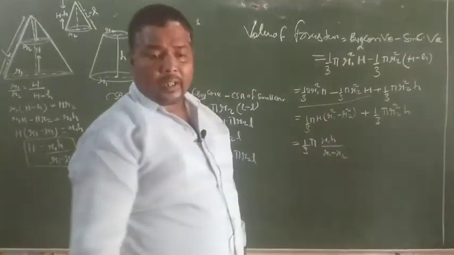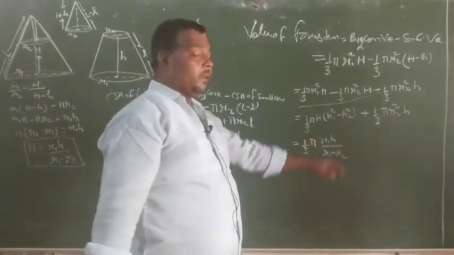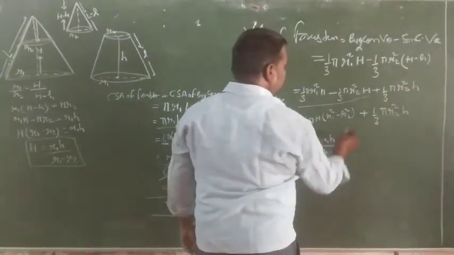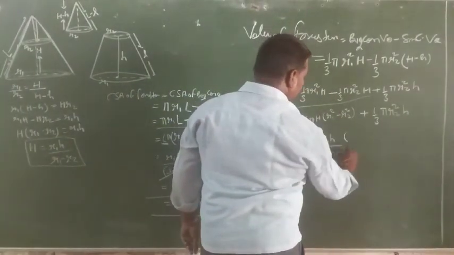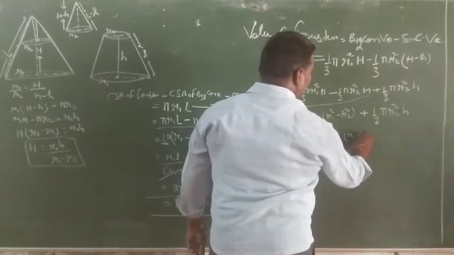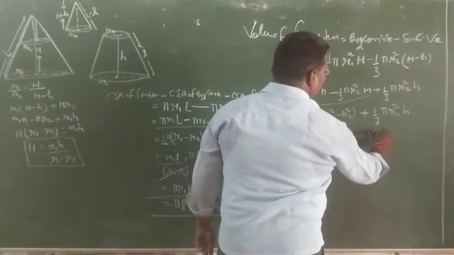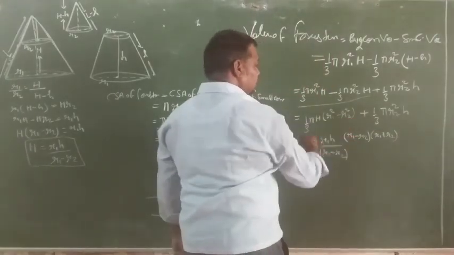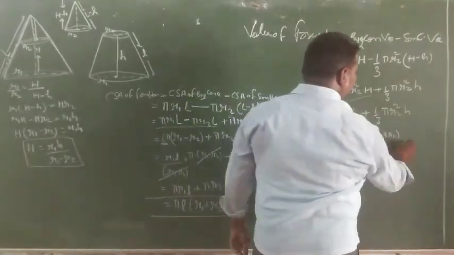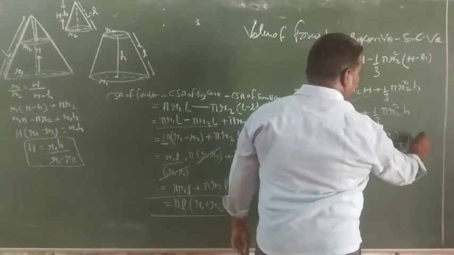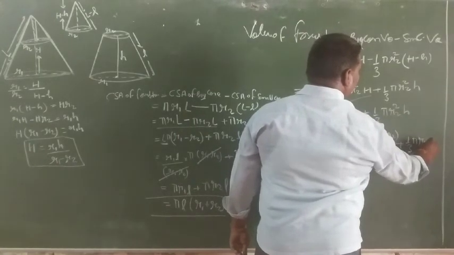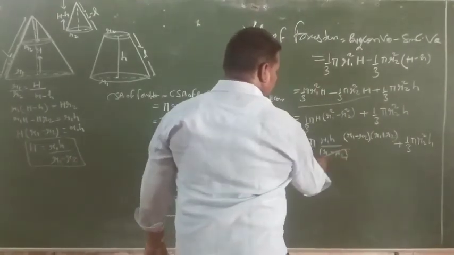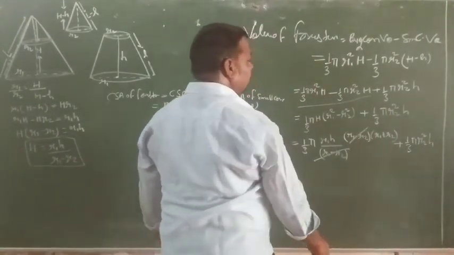And students, you know the identity for a square minus b square. Using it, put R1 minus R2 in the first bracket and R1 plus R2 in the second bracket. Got it? This step is solved. Then after plus 1 upon 3 pi R2 square and small h, the first bracket cancels.